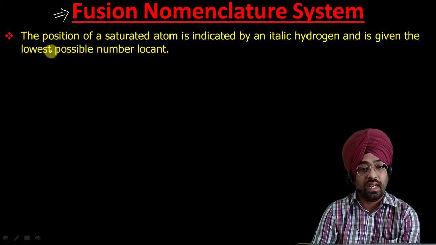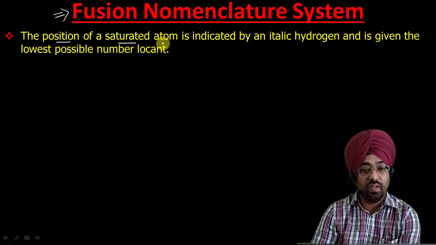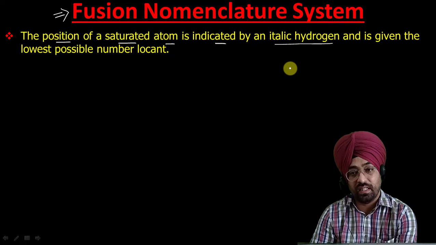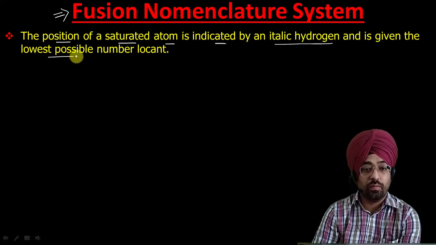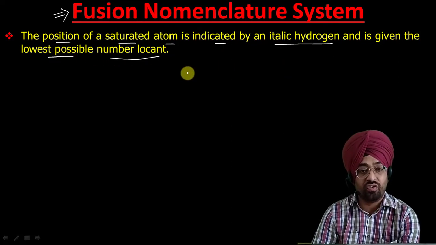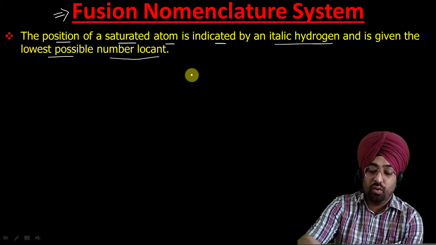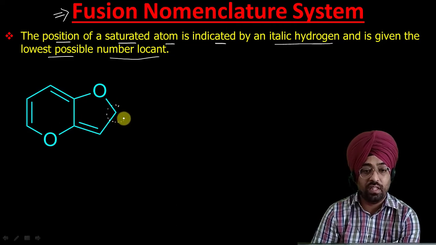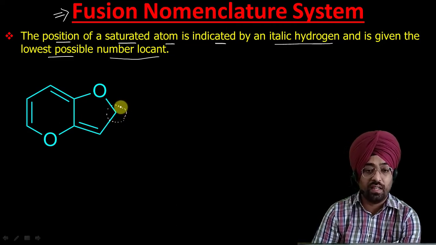Now it says that the position of a saturated atom is indicated by an italic hydrogen, which we have already discussed, and is given the lowest possible locant. So if we have a choice, then we have to give the lowest locant position to the saturated atom. Now here we have a saturated or indicated hydrogen because it is a saturated center. We have to start the numbering so that it gets the lowest locant position.